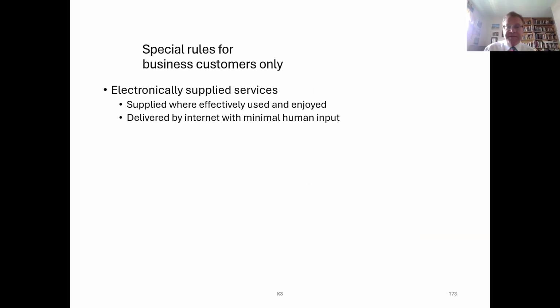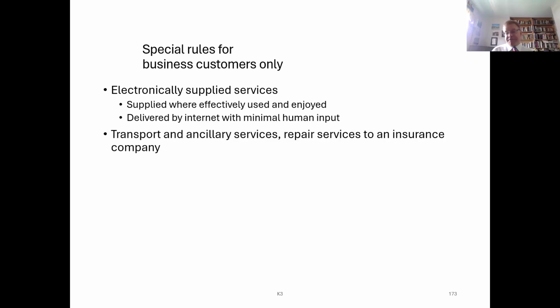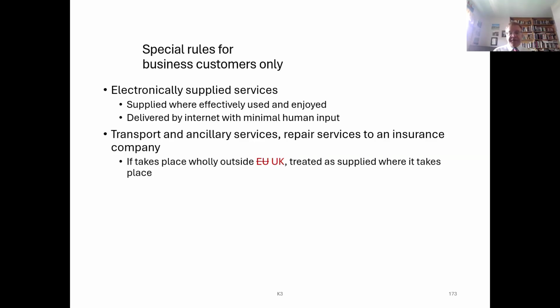Special rules for business customers: electronically supplied services are supplied where effectively used and enjoyed, delivered by internet with minimal human input. On that basis, we look at, say, transport and ancillary services, repair services to an insurance company. If it takes place wholly outside the UK, it is treated as supplied where it takes place.